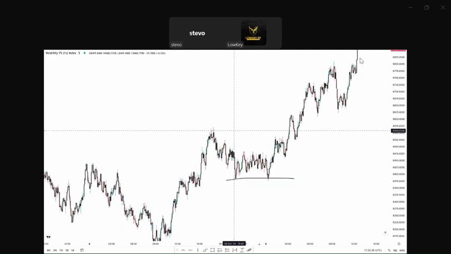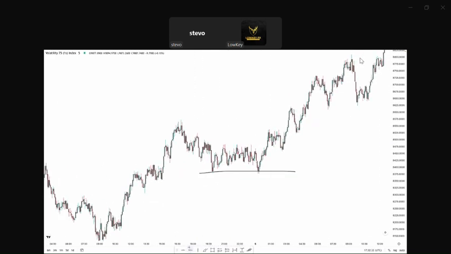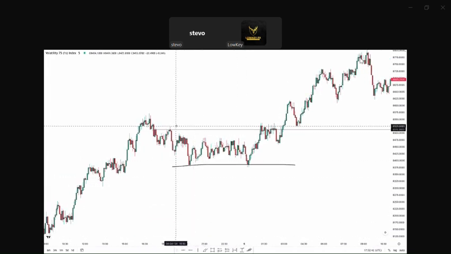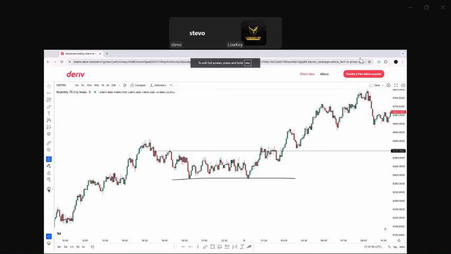And also right here, we have a major structure retest, we have an invalidation, we have our new invalidation, and the next structure after the new invalidation gave us this sell trade right here. So that's how we check out the structure retest.